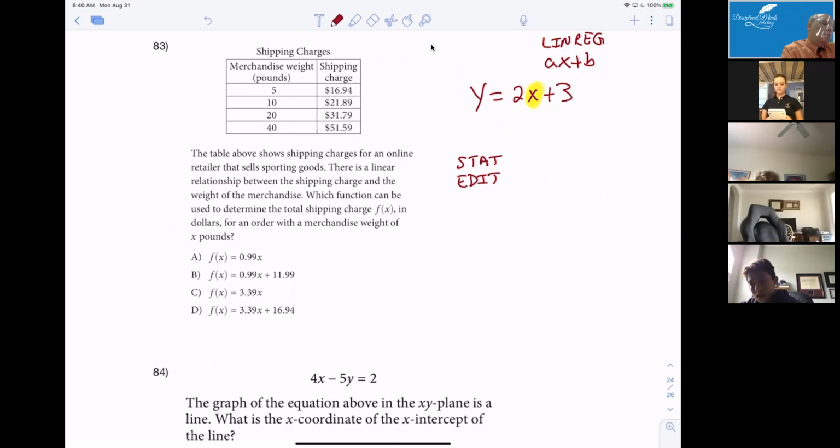And then again, do I have to type in all the points? Just the first two, that's right, because that's how you determine the equation of a line. But if you want to choose 3, I always tell kids to choose 3. That way, if you type one in wrong by accident, you can see that it's incorrect.